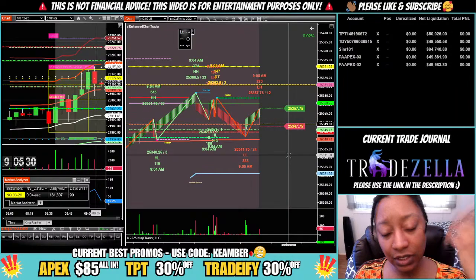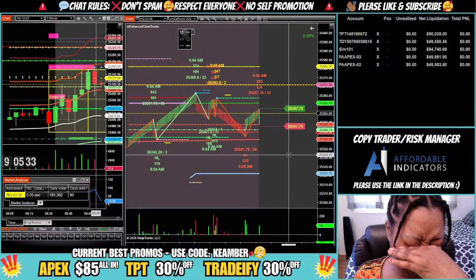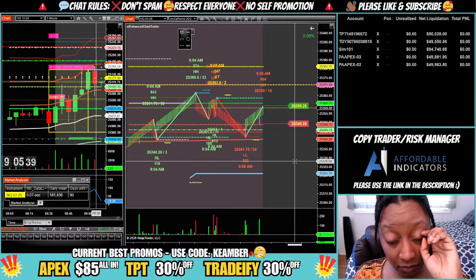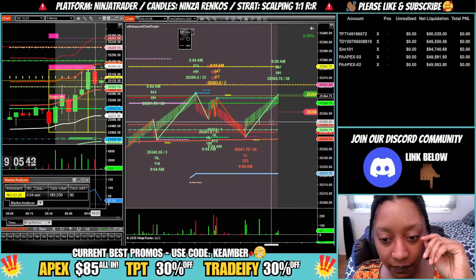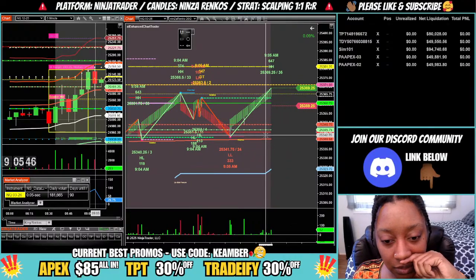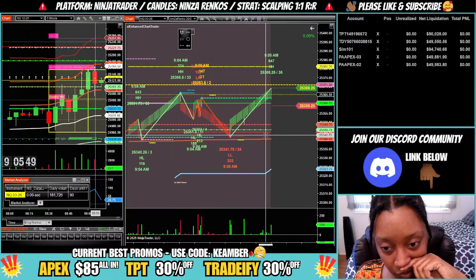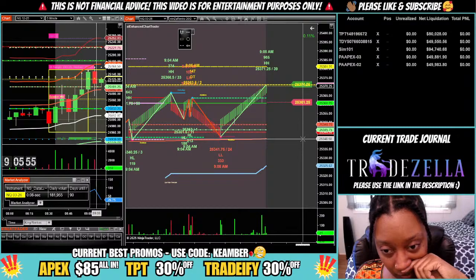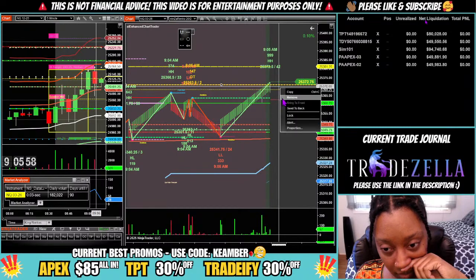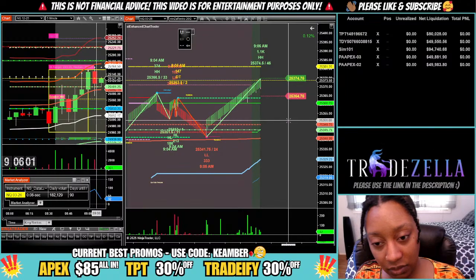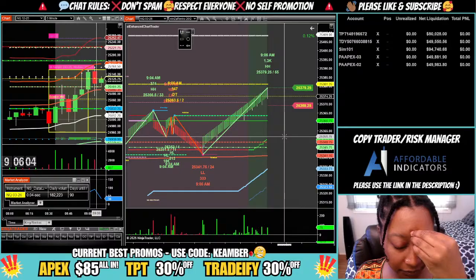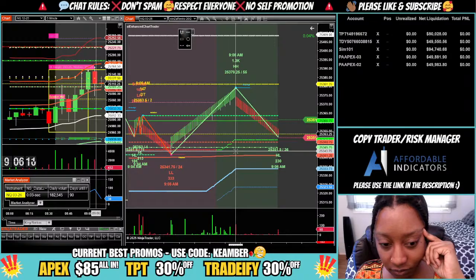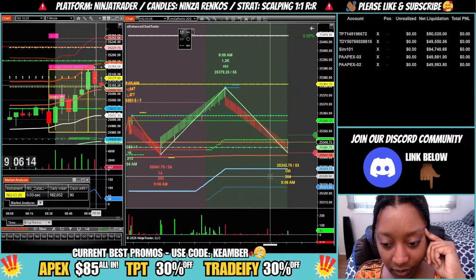It doesn't do this all the time, mostly when it's a little choppy because we keep changing trends back and forth. When the market's trending, it doesn't really matter because they're not going to disagree. But I have to figure out which one is more stable and which one is more reliable. So that's a task I have at the moment. All right, now they agree. It's a very deep pullback.